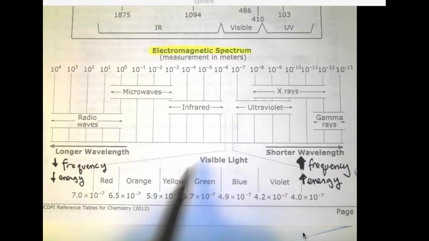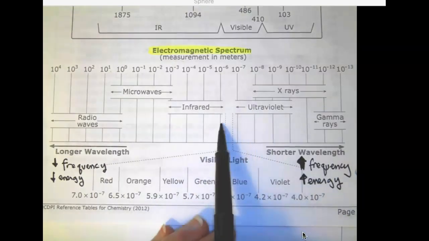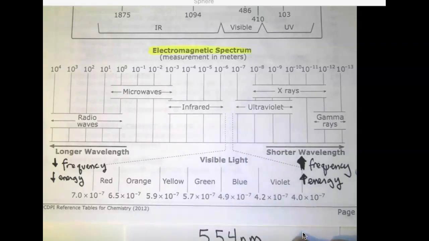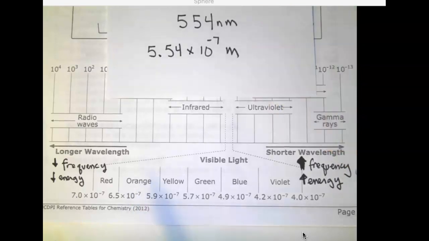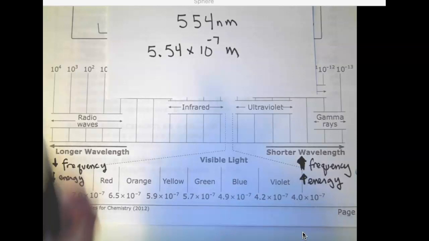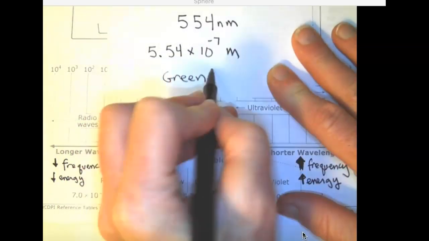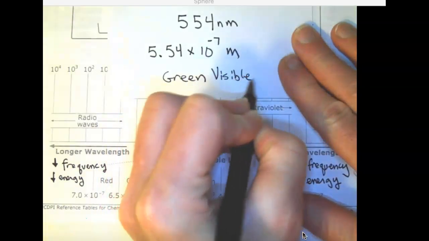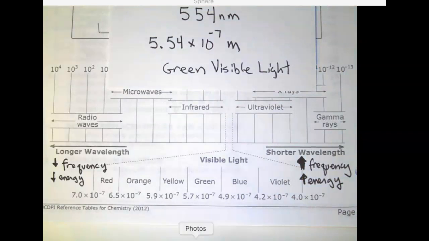And we come down here and we're in the range of infrared, visible, and UV. 5.54 times 10 to the negative 7. Let me see, it's greater than 4.9 and less than 5.7. So this would be green light. It's green and it's visible. And that's how you use your electromagnetic spectrum.